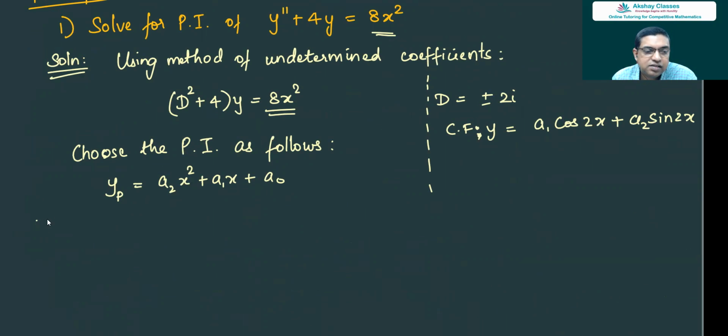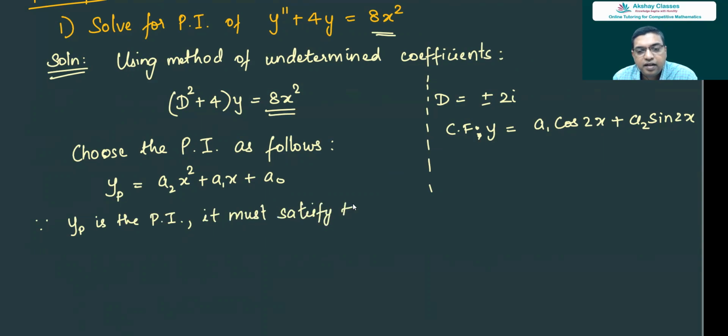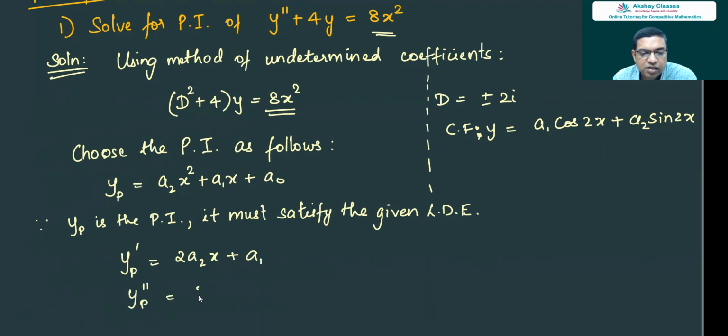Now, since yp is the particular integral, it must satisfy the given linear differential equation. Therefore, yp we know, yp dash is 2a2x plus a1, yp double dash is 2a2.